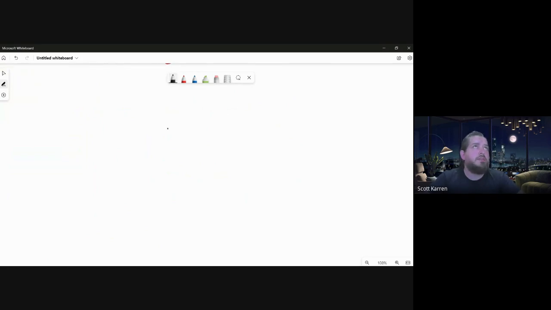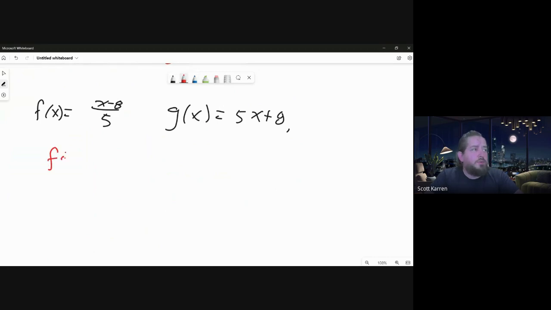So we would say, if f of x equals (x minus 8) over 5, and g of x equals 5x plus 8, then we would show that they're inverses by taking f composed of g of x.